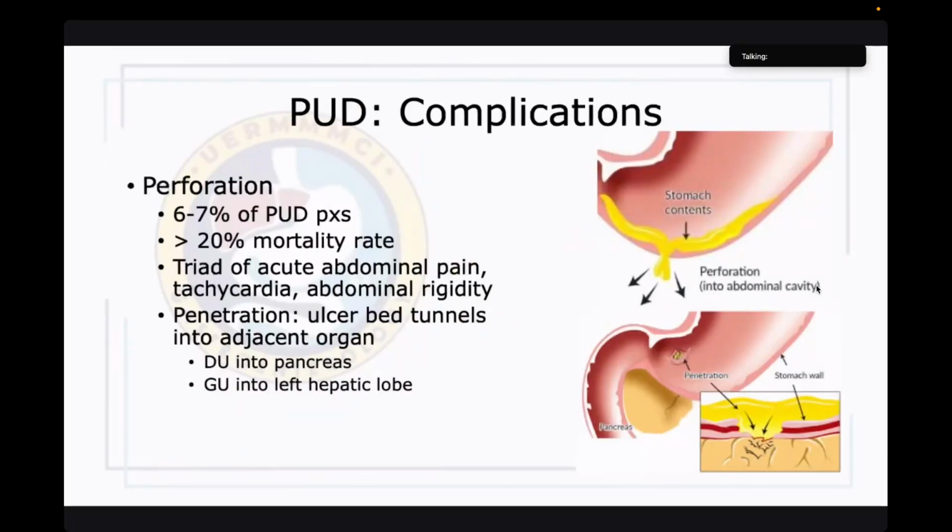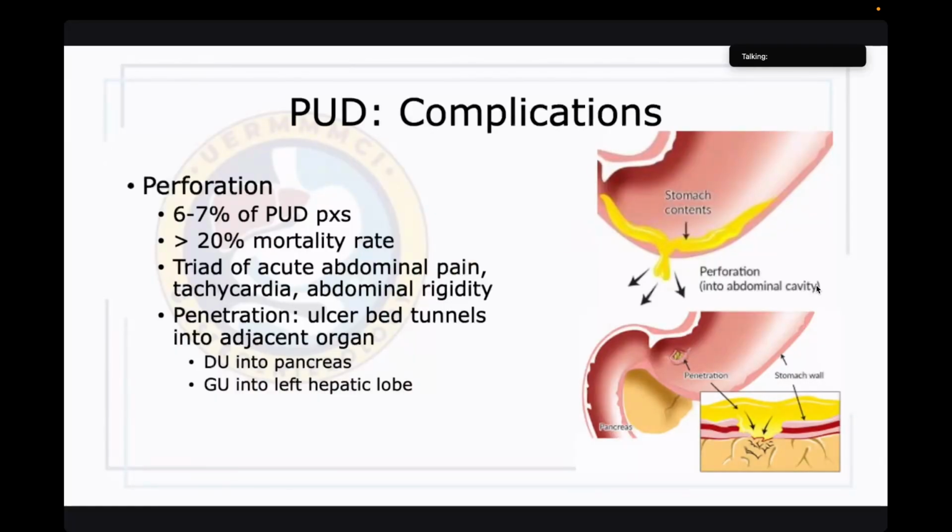The second most common ulcer-related complication is perforation. This can be seen in 6 to 7% of patients with peptic ulcer disease, but the estimated 30-day mortality rate is higher than that of bleeding at more than 20%. Patients usually present with the triad of acute abdominal pain, tachycardia, and abdominal rigidity.